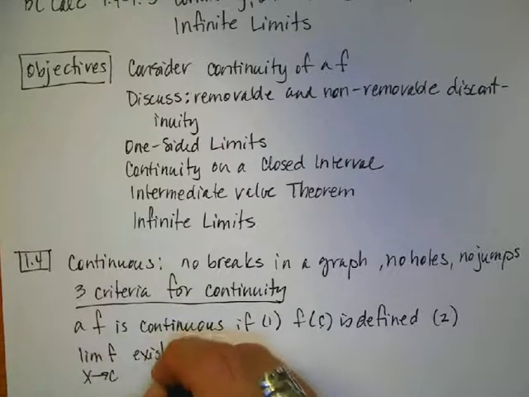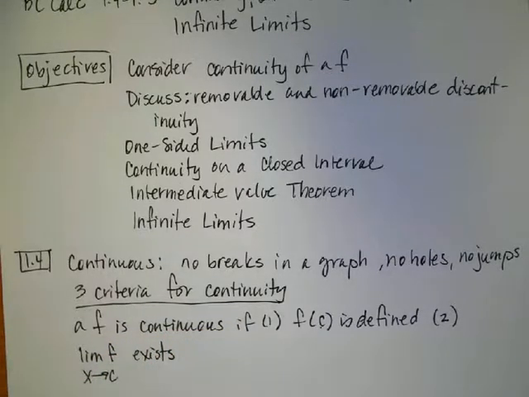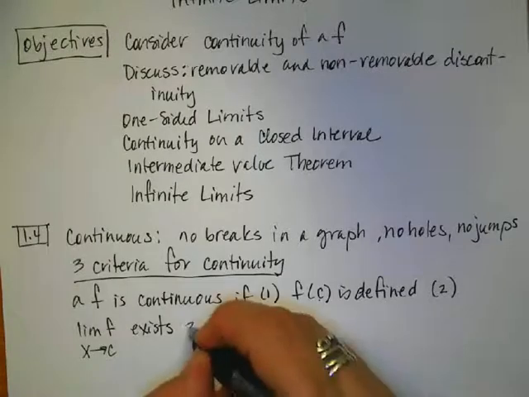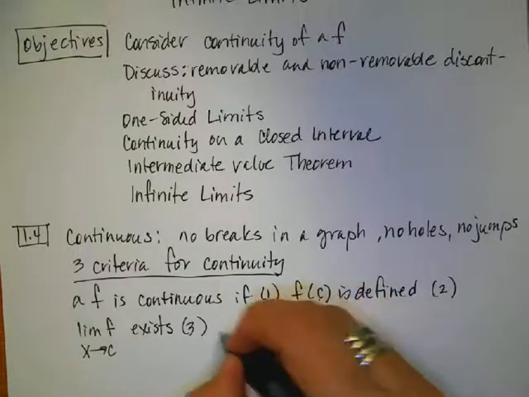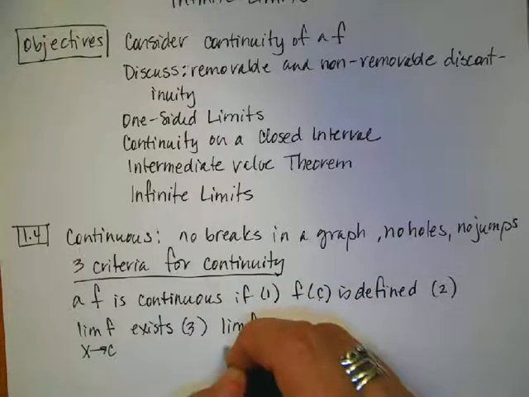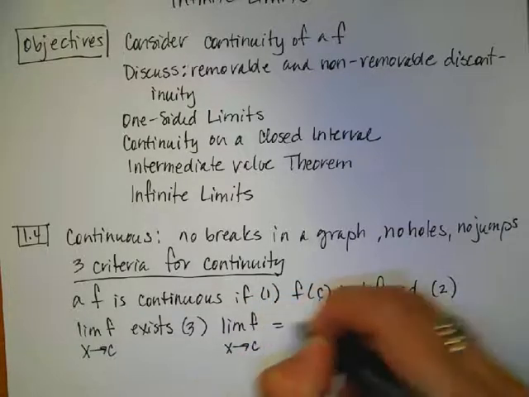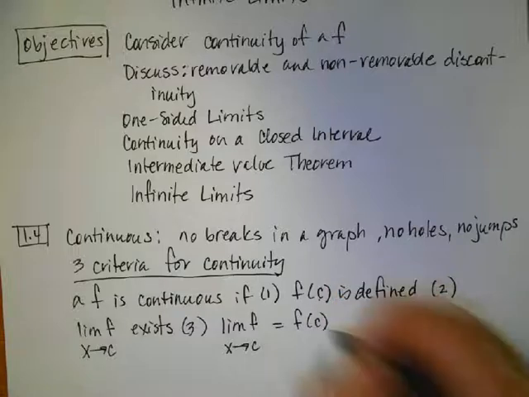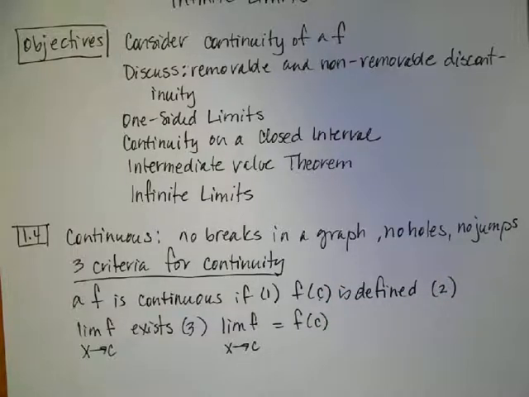And the last criteria for continuity would be that the limit of the function as x approaches c is actually a defined value. So the limit has to exist and it has to be approaching a defined value.